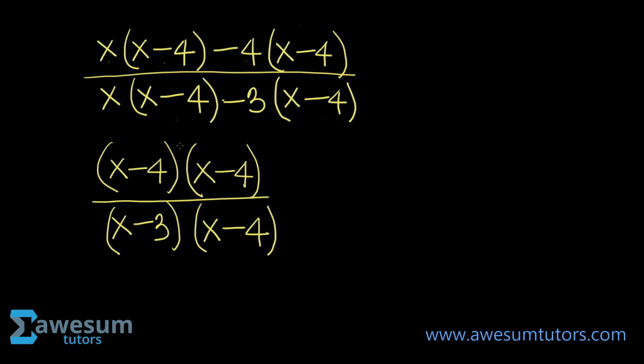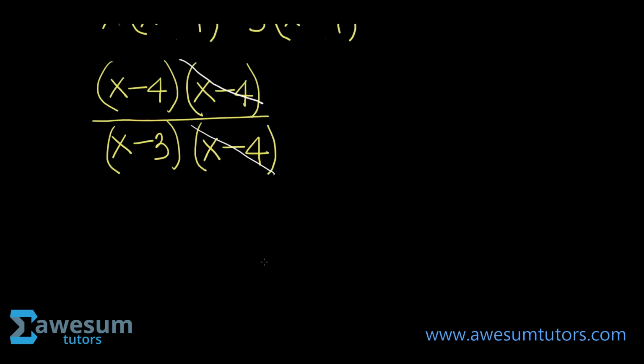So x minus 4 cancels x minus 4, and my final answer is going to be x minus 4 over x minus 3.